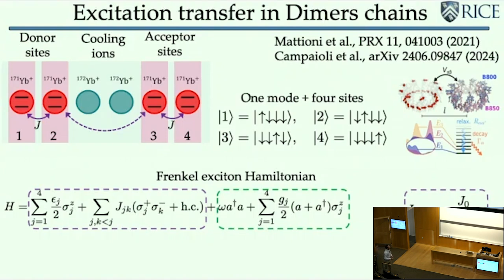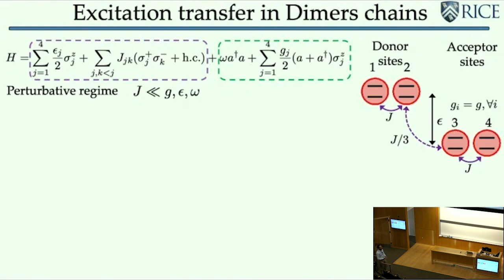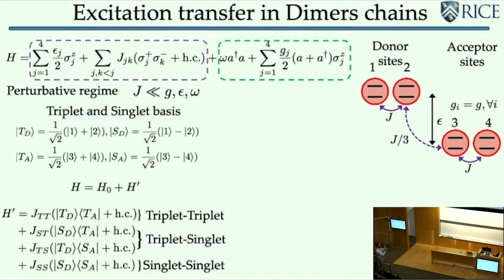Of course, these 2 are not coupled. They don't have any unitary evolution, but they're just there to provide the cooling, the environment engineering. And so what we see in this very simple parameter case, where we have just a common offset between these two states and a common spin-phonon coupling, is that to really understand what's going on, you have to diagonalize this and switch bases into the triplet and singlet basis, where 1 and 2 are a Bell pair where the excitation is delocalized on the two sides.